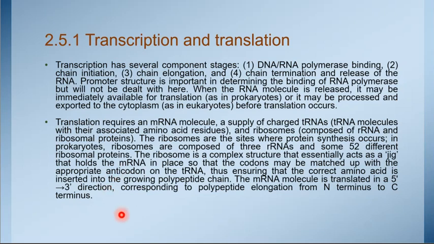In prokaryotes, ribosomes are composed of three RNAs and some 52 different ribosomal proteins. The ribosome is a complex structure that essentially acts as a jig that holds the mRNA in place so that the codons may be matched up with the appropriate anticodon on the tRNA, thus ensuring that the correct amino acid is inserted in the growing polypeptide chain.